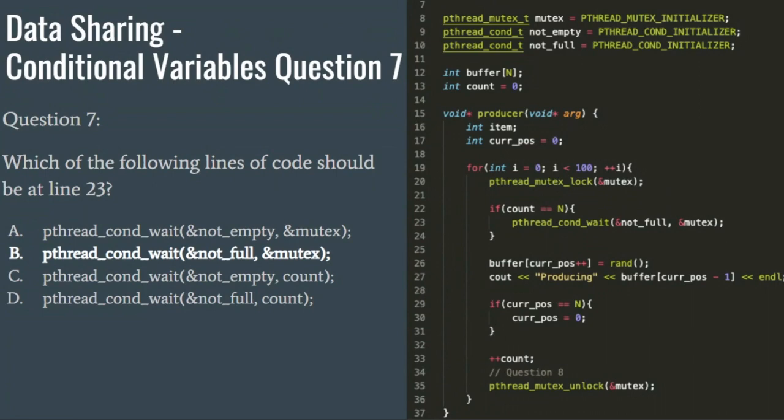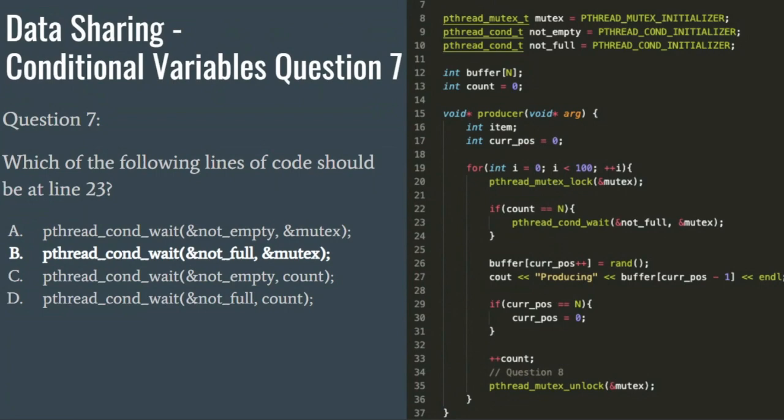I think he did go over this, but I just wanted to ask, why did we need both of those parameters for the pthread cond wait? It's really just syntax. You obviously need the not full, not empty, right? Because that's the signal it's going to respond to.